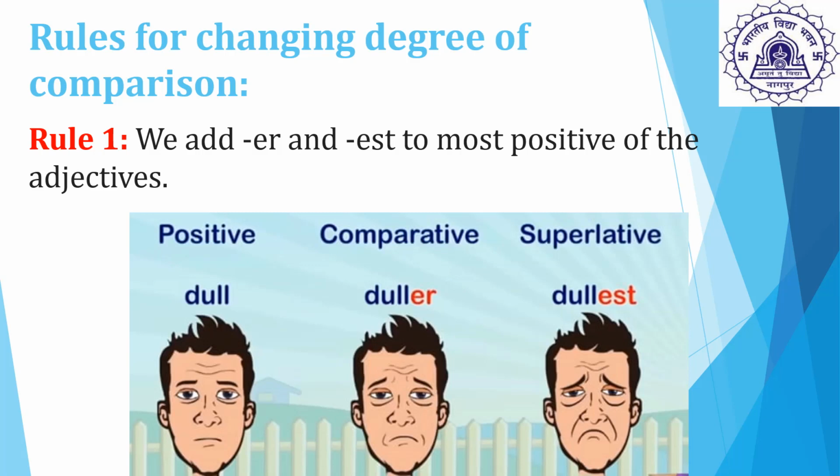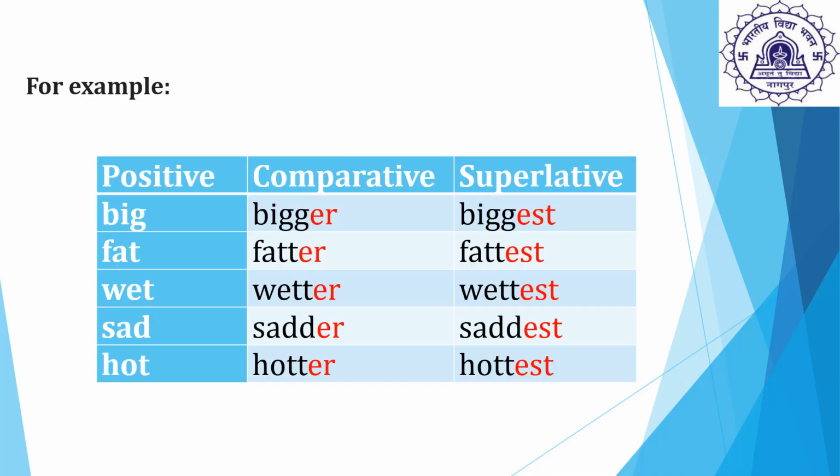So we are adding an ER in the comparative degree and an EST in the superlative degree. There are a few more examples. Like for example, the adjective big: in the comparative degree, we have bigger, and in the superlative degree, we have biggest.